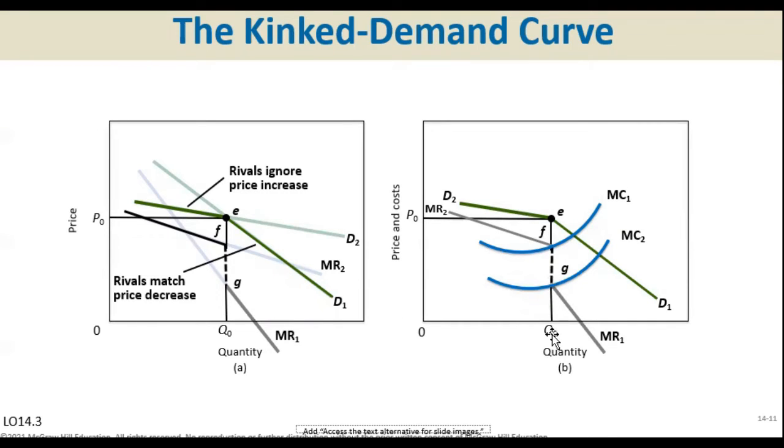That also explains why the quantity sold Q0 stays the same and the price is P0. So there is no change in either the price P0 or the output quantity Q0 as a result of any shift of the marginal cost curves.